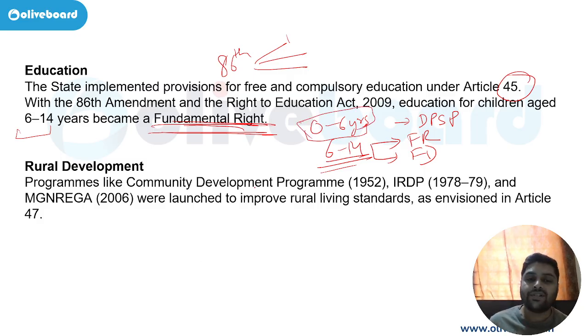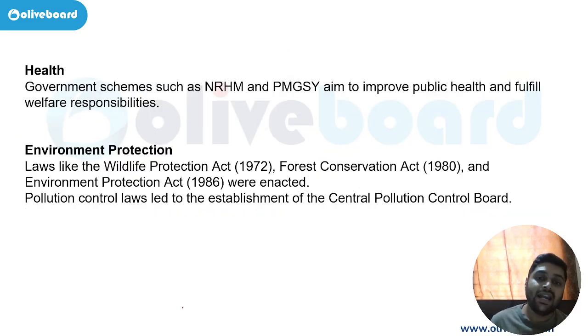Rural development programs like the community development program, IRDP, midday meal, these were the ones which were enriching rural development. In health, we have the National Rural Health Mission, correct? And other schemes to improve public health and welfare responsibilities.